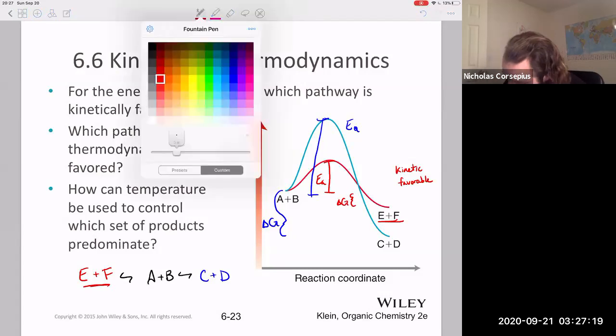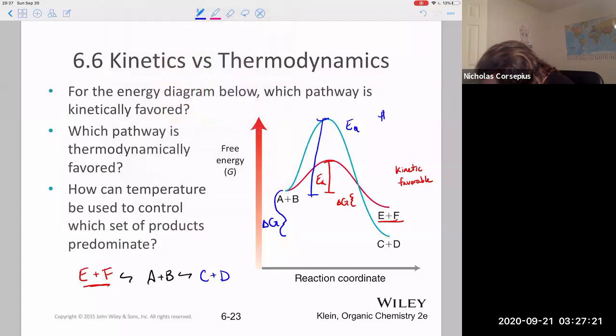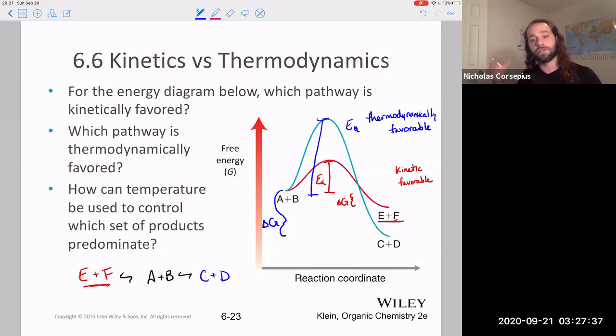So my blue reaction is thermodynamically favorable. So there's this interesting push-pull, right? One reaction's slower, but my products are more thermodynamically favorable. The other one's quicker, but my products are less thermodynamically favorable, okay?